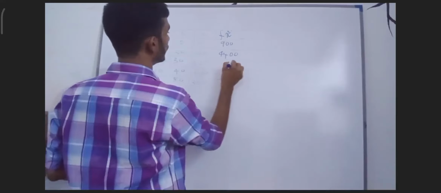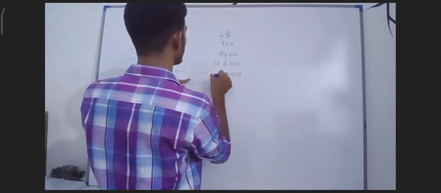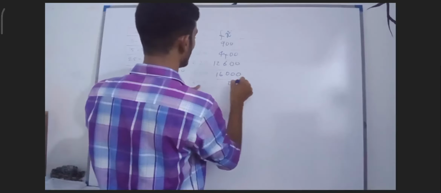So 90 into 10 is 900, 20 into 22 is 4,400, then 12,600, here 16,000, and here 15,000.